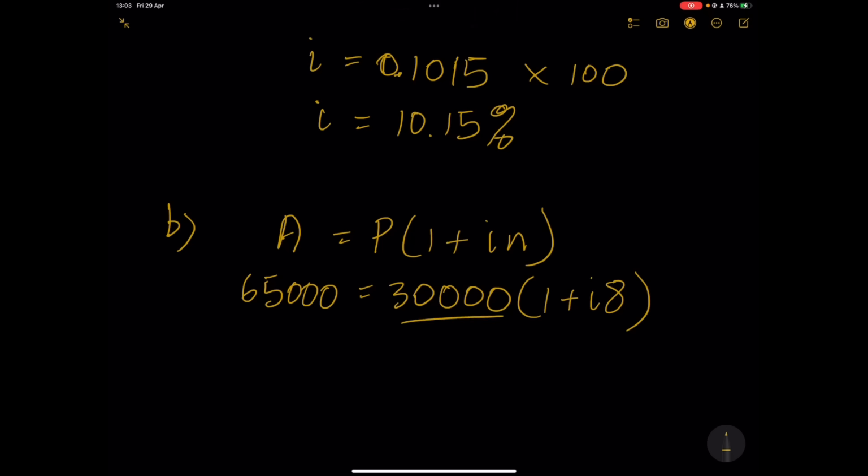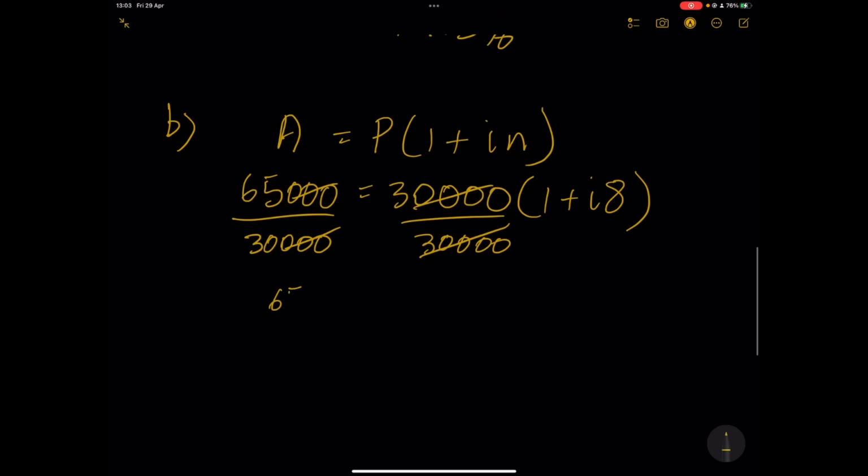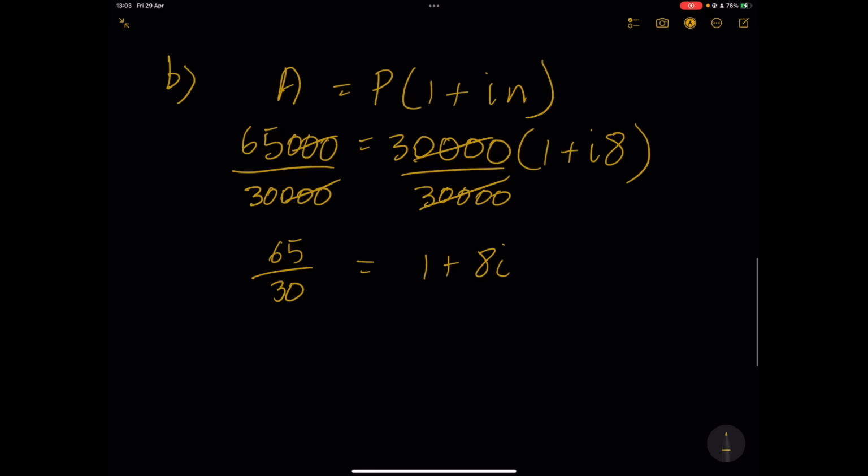Okay, once again, we're going to divide both sides by 30,000. That would cancel that. So we can actually just be left with 65 over 30, which is equal to 1 plus 8i. I times 8 and 8 times I are exactly the same thing.